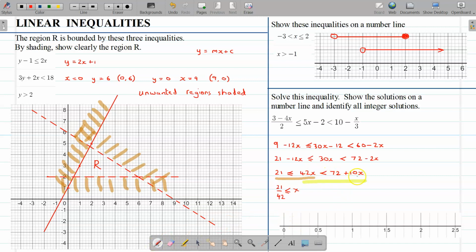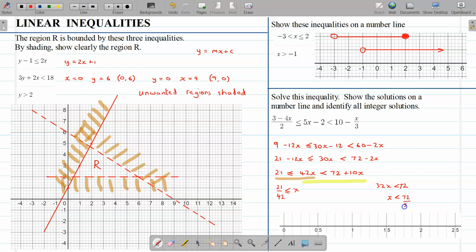If I now take the 10x from both sides, that's going to give me 32x is less than 72. Okay, just looking at this part here. And therefore x is less than, that should be 72. And therefore x is less than 72 over 32.